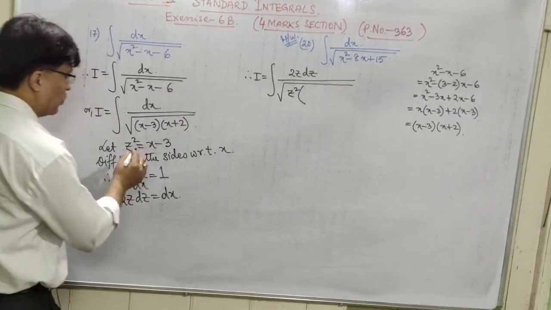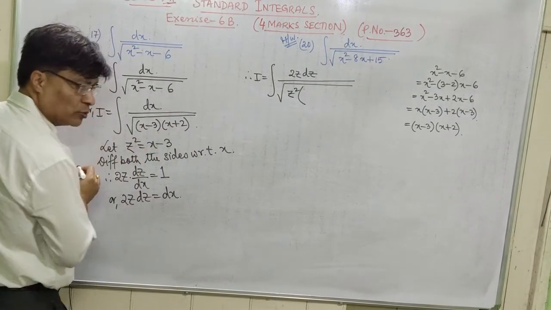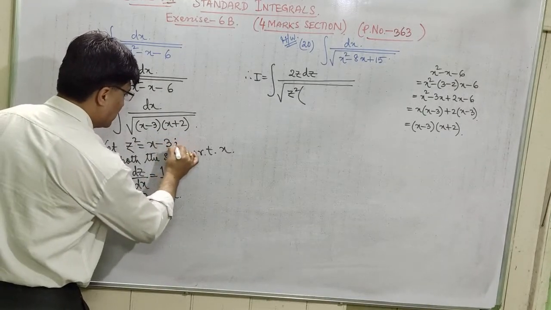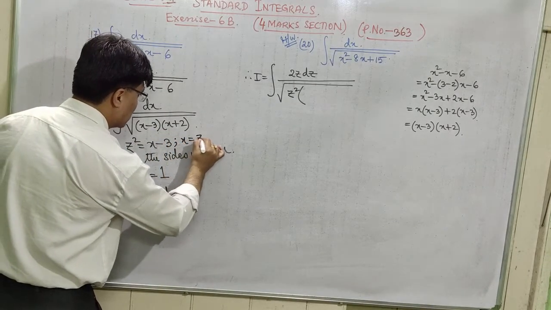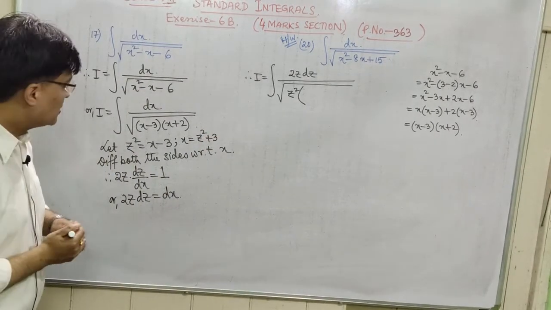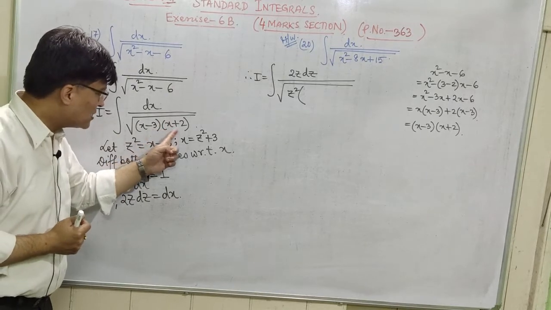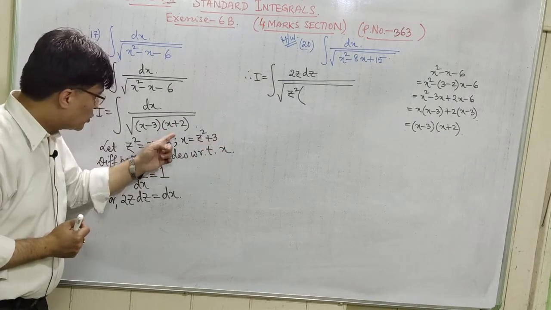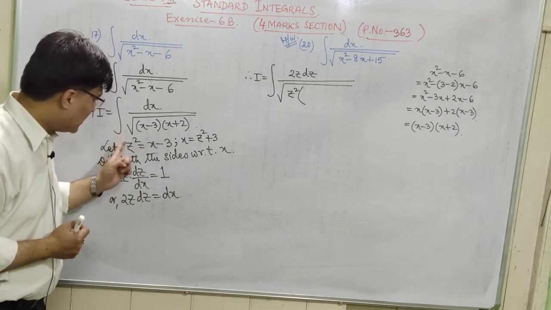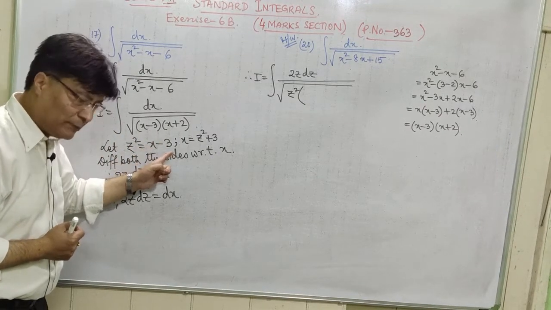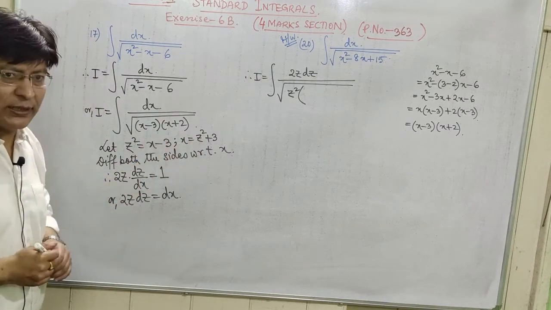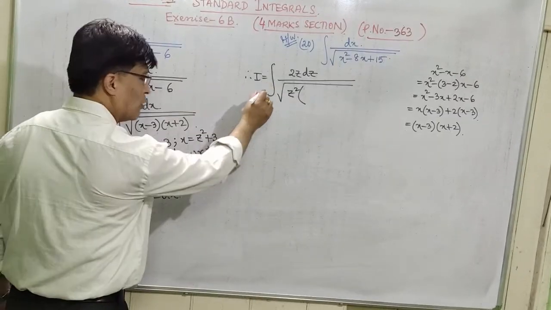Now we have got here x plus 2. So now you should put the value for x. So from here you can get the value for x. X is equal to z square plus 3. So from this method of substitution, that is z square is equal to x minus 3, we can get the value for x, which is equal to z square plus 3. So let us put the value out here.